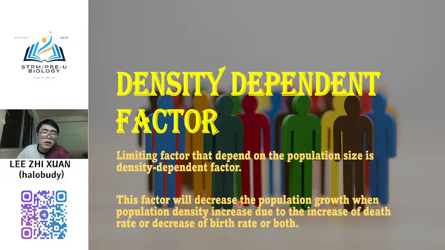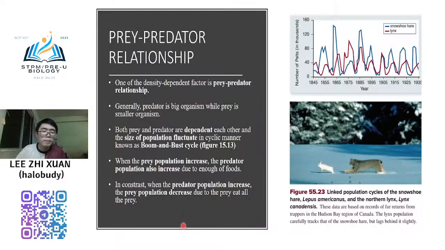It decreases population growth when the population density increases, due to an increase in death rate or a decrease in birth rate, or both. If the death rate or birth rate has problems, the population size will be affected. One famous example is the prey-predator relationship.